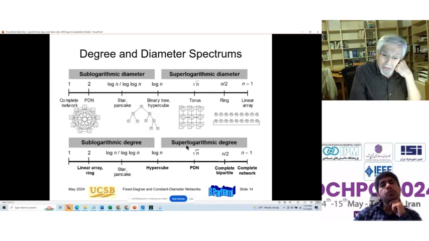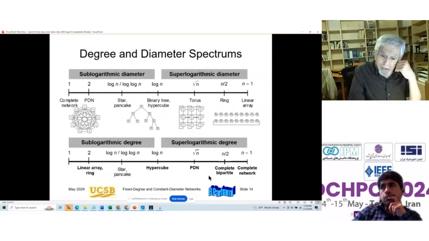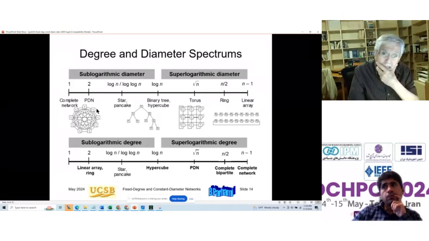Similarly, for node degree, of course, node degree 1 doesn't make sense because you cannot connect many nodes with node degree 1. Starting with 2, node degree 2, you can build linear array or ring. As you increase the node degree, you can build more connected networks. At the extreme, with n-1 connections, meaning every node connected to every other node, you have the complete network.